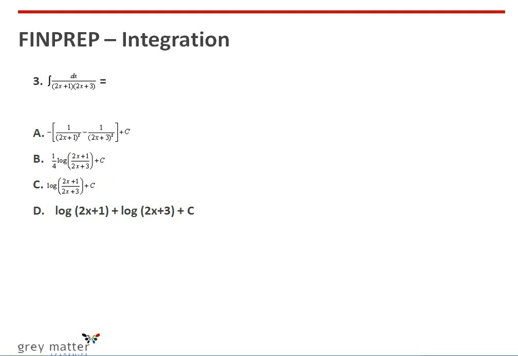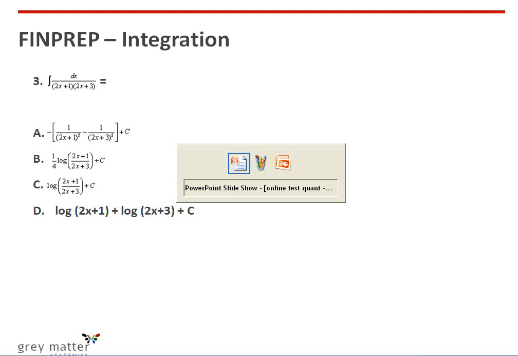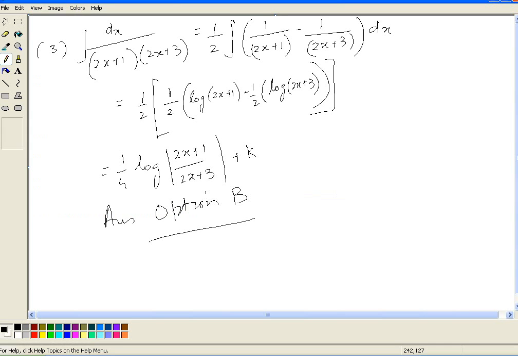Question 3, integral of dx by 2x plus 1 into 2x plus 3. Going back to our work area, now this 1 by 2x plus 1 into 2x plus 3 can be put into partial fractions as half of integral 1 by 2x plus 1 minus 1 by 2x plus 3 dx. Now if you integrate this, we get 1 by 2x plus 1 as half of log of 2x plus 1, and 1 by 2x plus 3 would be half of log 2x plus 3.